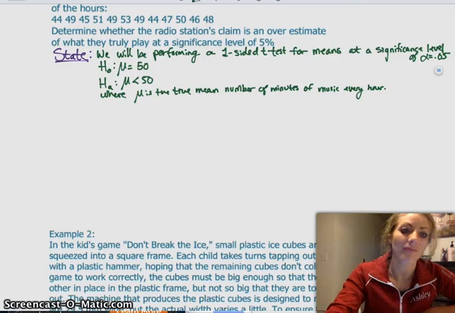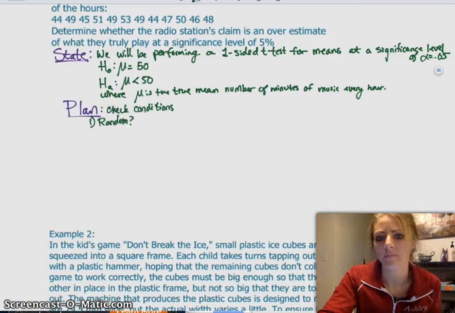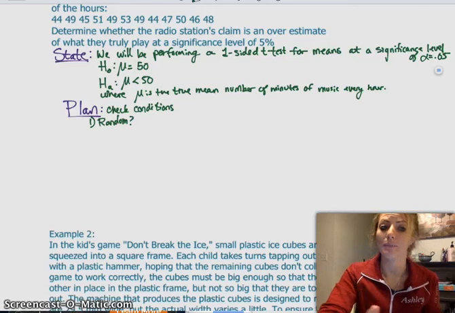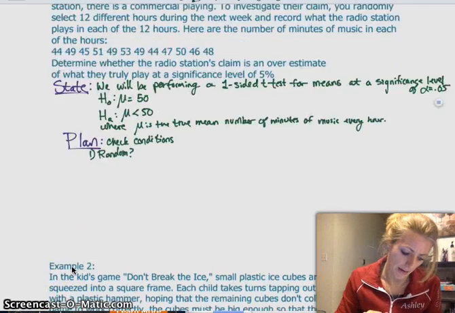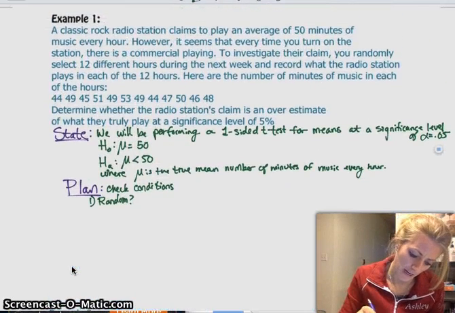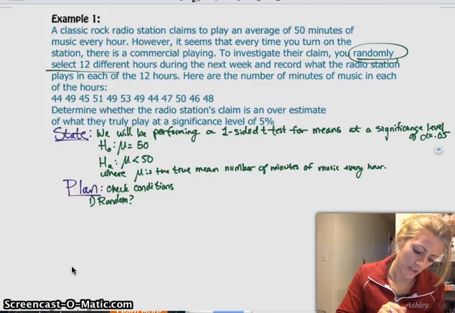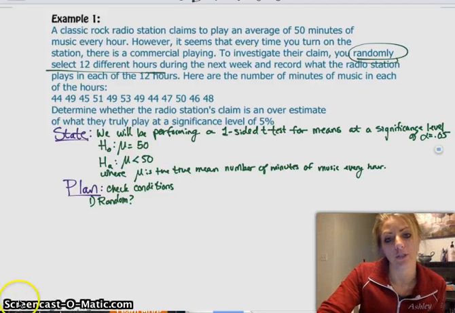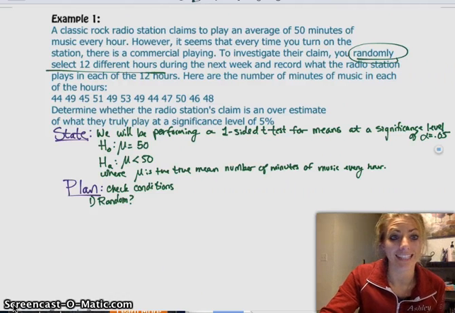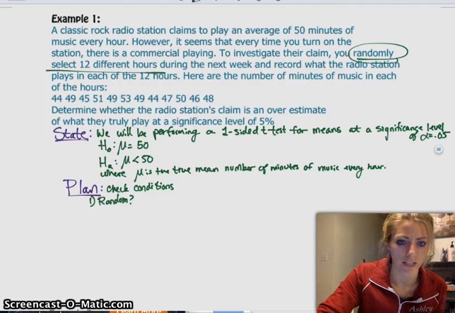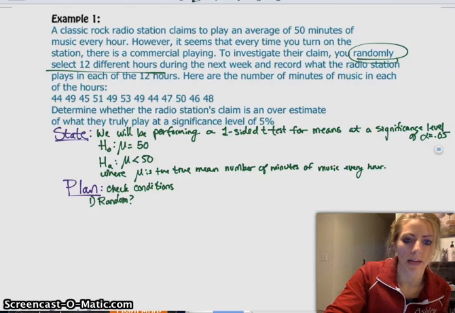So here we go. Condition 1, was the sample random? If you look back up, it says you randomly select 12 different hours. So because it tells us that we have a random selection, that condition's met.